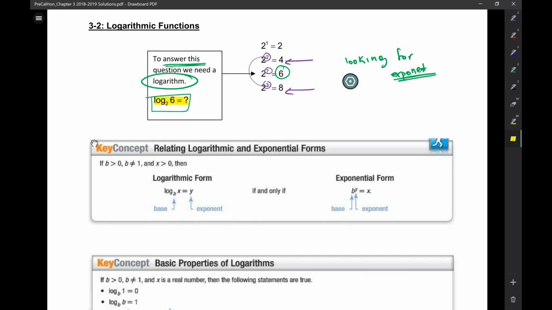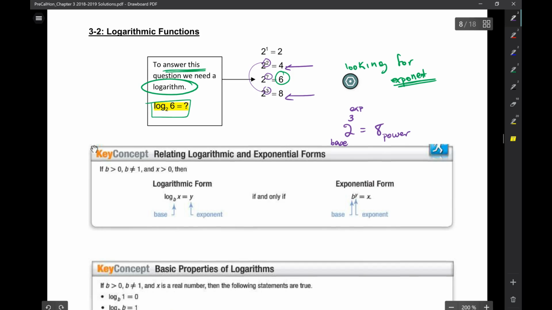Okay, so now, in order for you to have a power, right, you need a base, an exponent, and then the power, all right? So, base, exponent, power, all right? Here, in this logarithm notation, look, you've got the same thing. You've got a base, a power, and the exponent.